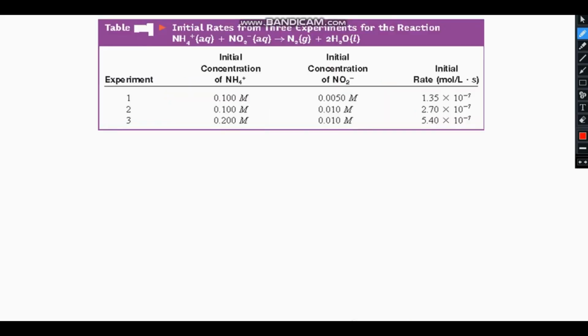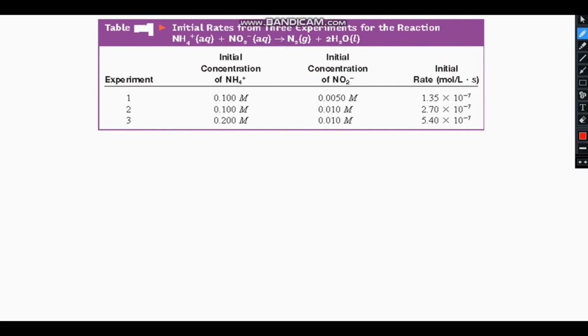When writing the rate law, you can either use the reactants or the products. But in this video, I'll show you how to write the rate law using the reactants, because they are the ones which we have been given the initial concentration.